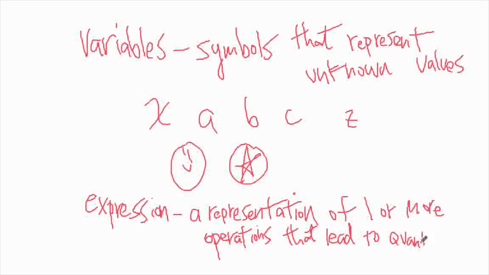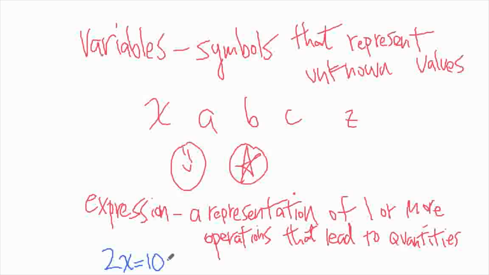That's a lot of words. Probably an example would be instructive. So I talked about doubling a variable and getting 10. That's an operation that leads to a quantity, the quantity being 10. So doubling some mystery value, let's call it x, and that's equal to 10.